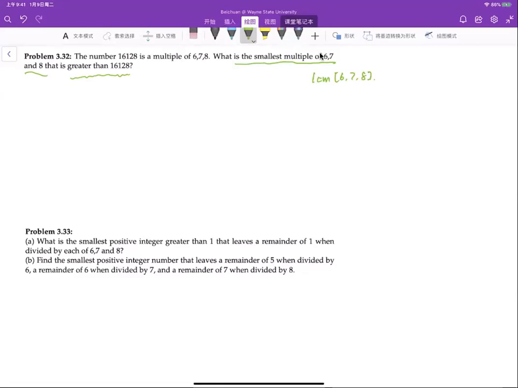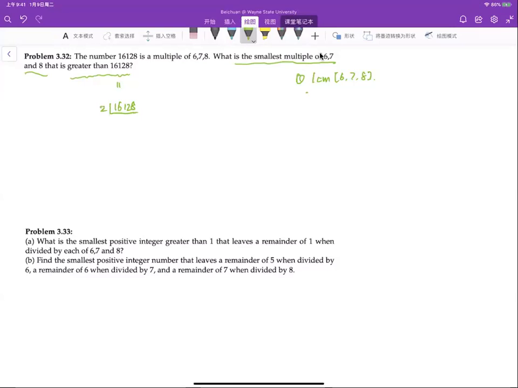So that means you're looking for a multiple of their LCM, and that number is greater than 16,128. Right. So this will be the first step: find the LCM, and then you can consider the prime factorization of 16,128.